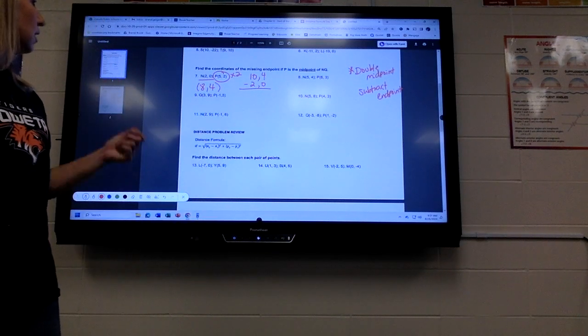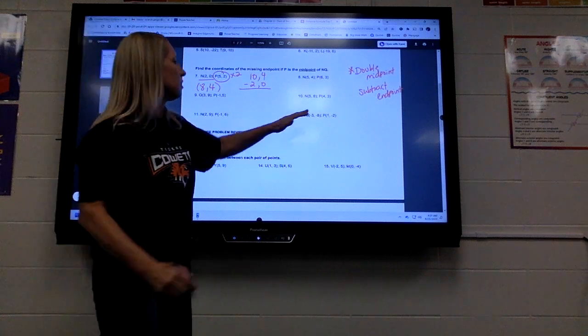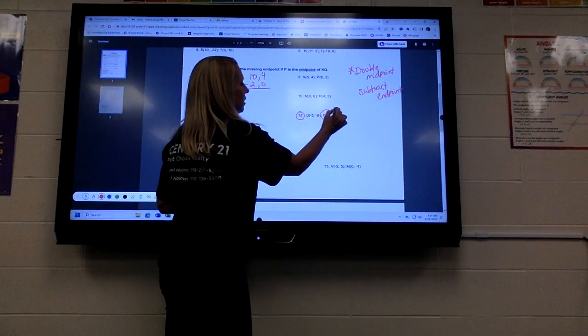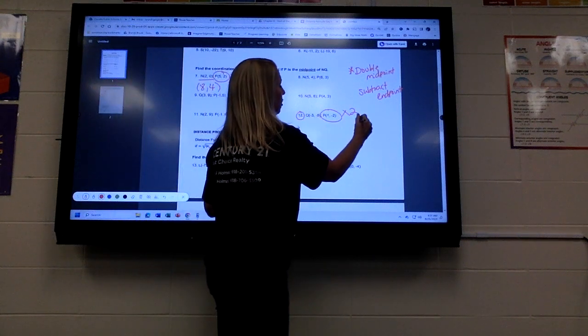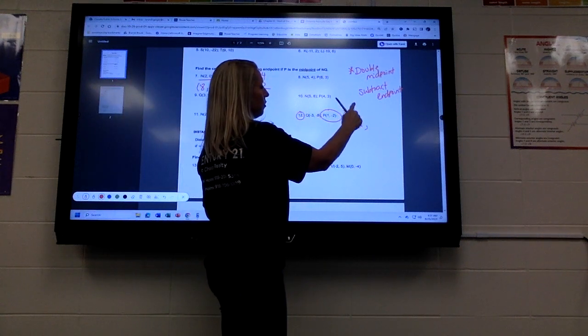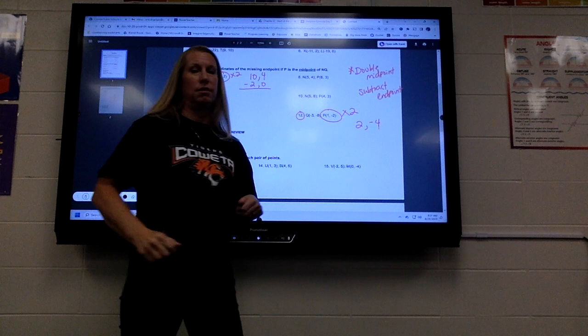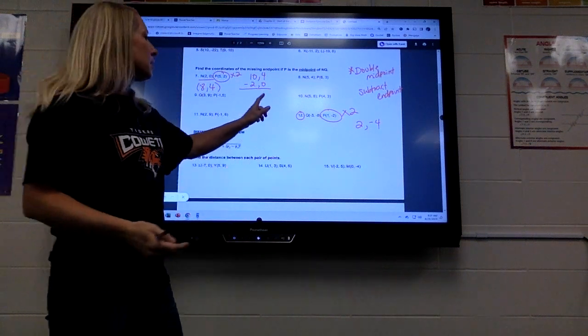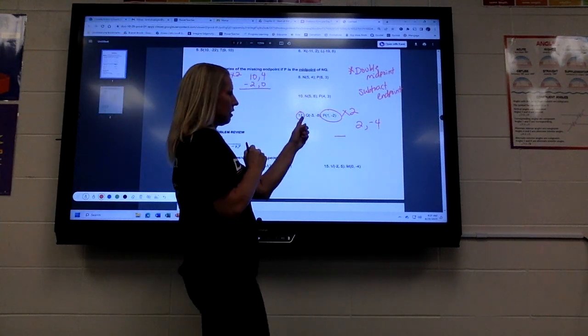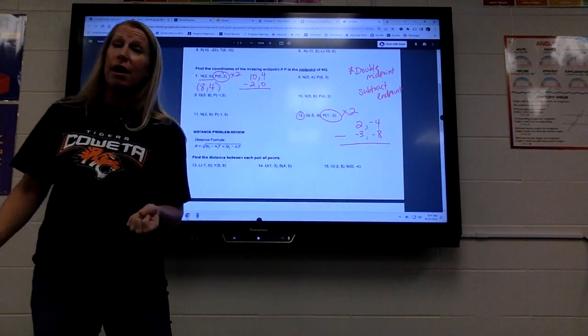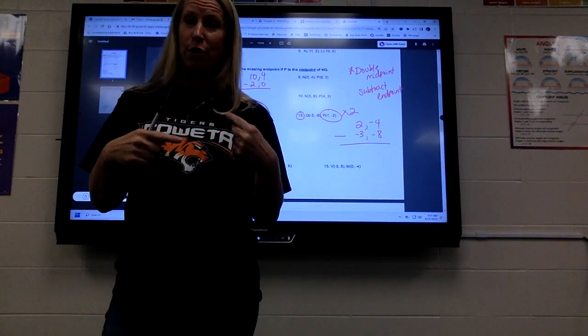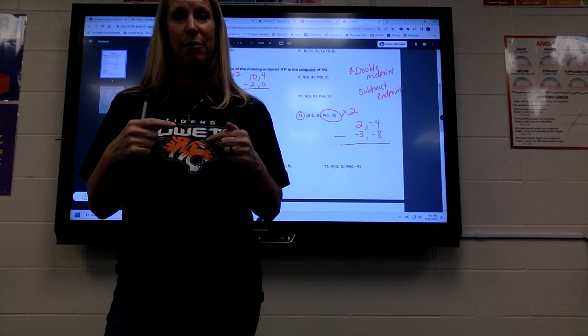So let's look at ones maybe with negatives. Let's look at number 12. So I've got to double P, times it by 2. 1 times 2 is 2. Negative 2 times 2 is negative 4. So we double the midpoint. Subtract the endpoint, negative 3, negative 8. So you have to be really careful when you minus a negative. Do you remember what happens when you minus a negative?